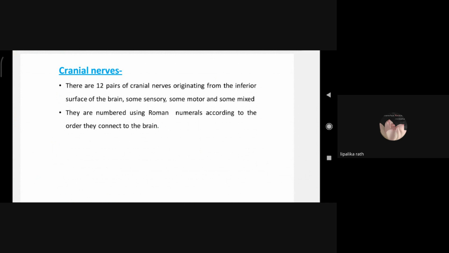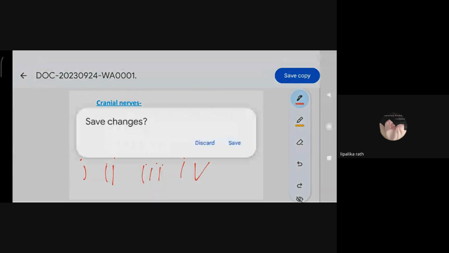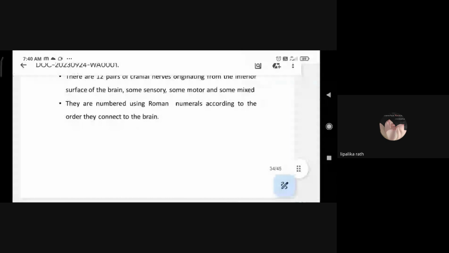So there are 12 pairs of cranial nerves, and they are always numbered in Roman numerals, like 1, 2, 3, 4.